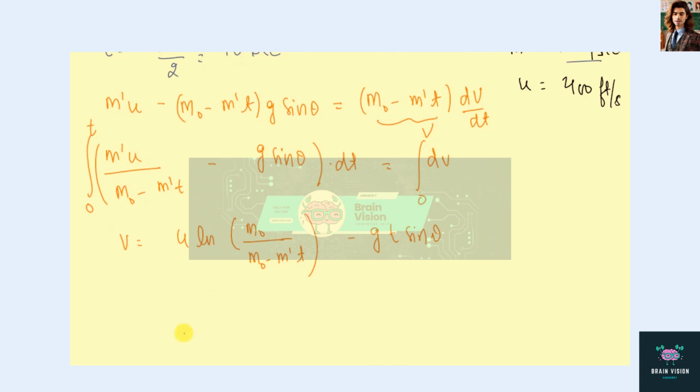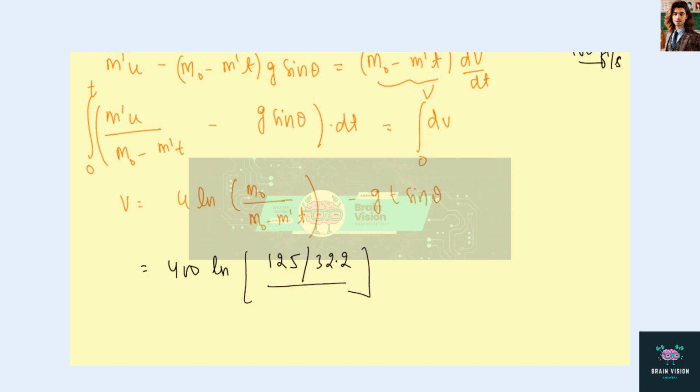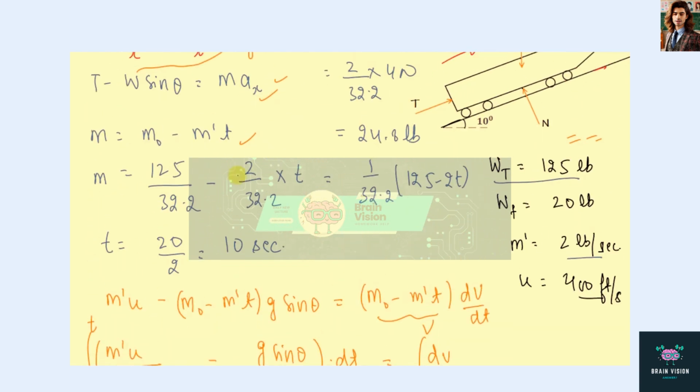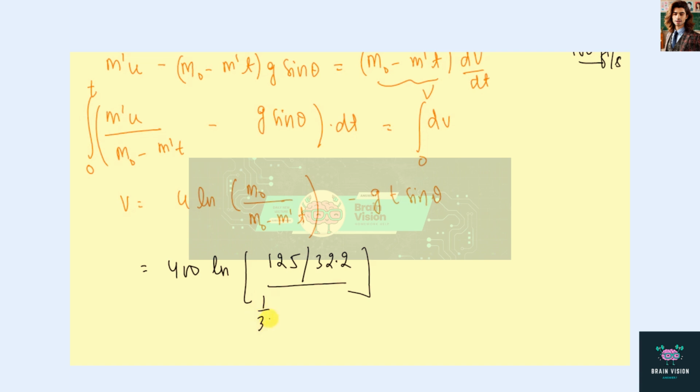Now we have all the values, we can plug them in. u is 400 feet per second, so 400 natural log of m naught, which is 125 divided by 32.2, divided by m naught minus m dot t, which is 1 over 32.2 times 125 minus 2t.